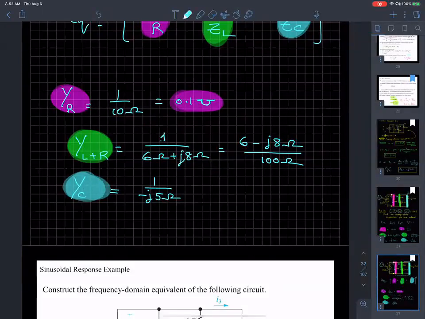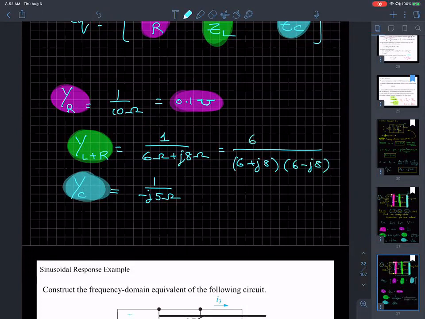So all I have done is multiply the numerator and the denominator by the complex conjugate, which is 6 minus j8. Its value does not change if I multiply both the numerator and denominator by the same term, 6 minus j8.